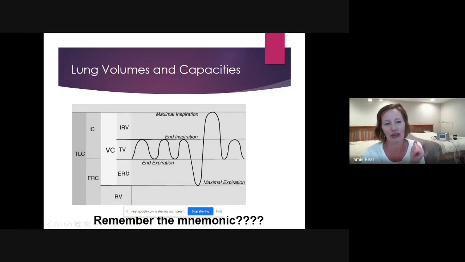IRV and ERV are your loving couple. So the loving couple, IRV and ERV, took their RV on vacation. With it, they took their TV, and they ate ice cream or took ice, and fried chicken. If that helps you, great. If it doesn't, forget that I even said anything.